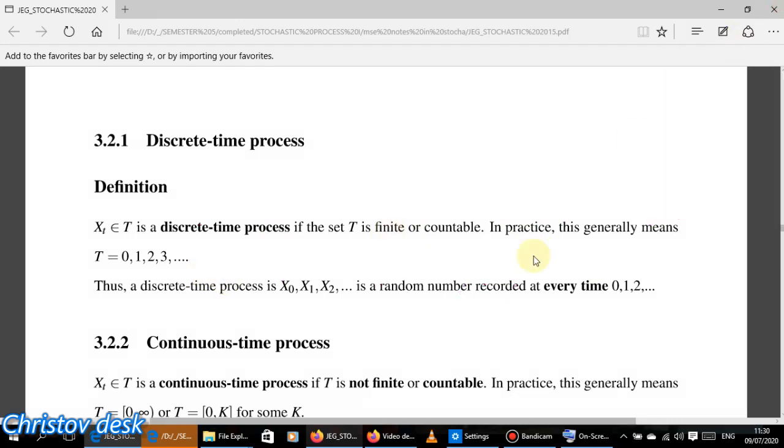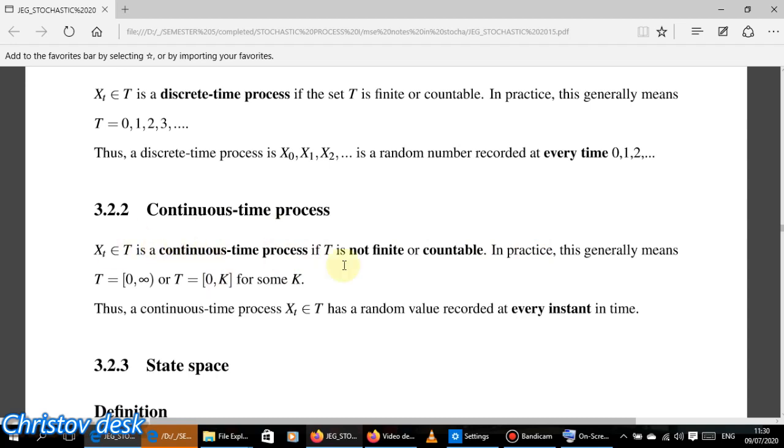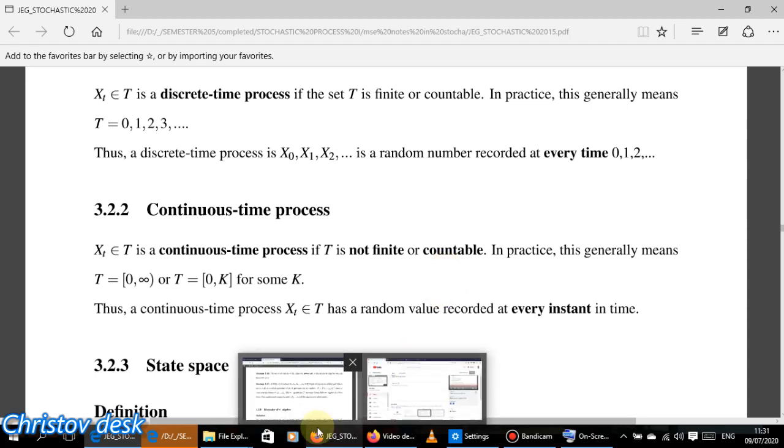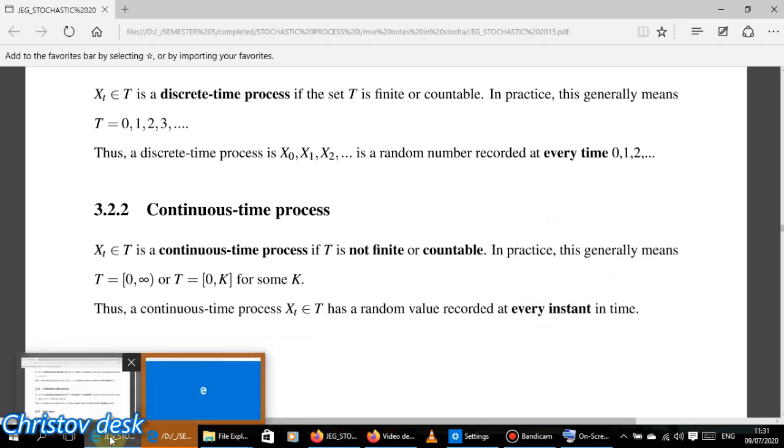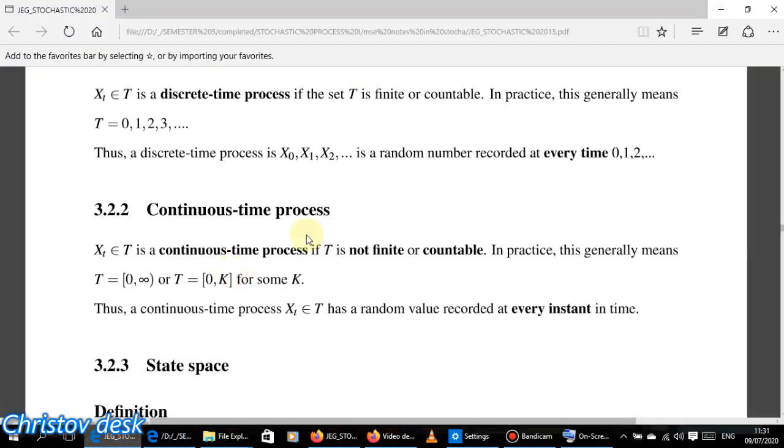So the continuous time process, the time domain is not finite, and it's also uncountable. It should be uncountable. Okay, so we are trying to look at it in a way that it takes values other than just whole numbers.